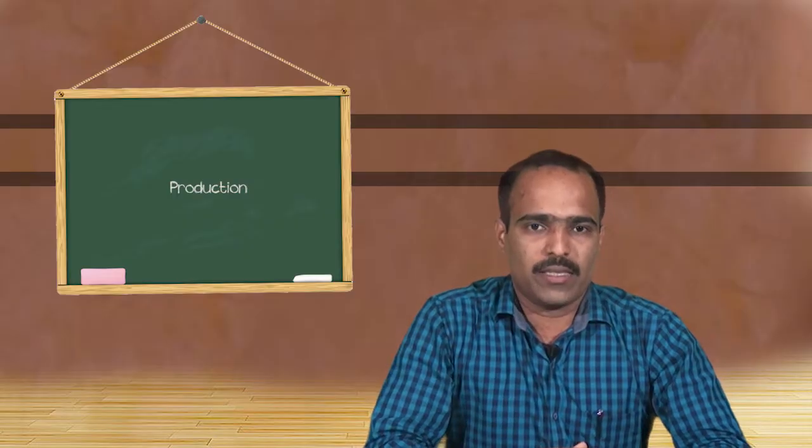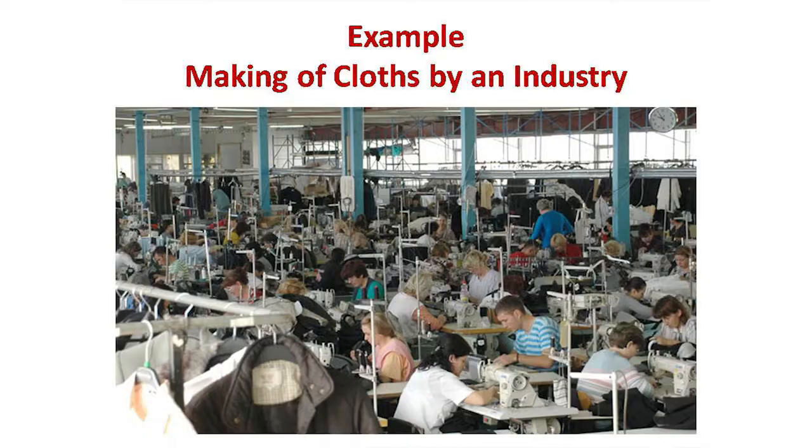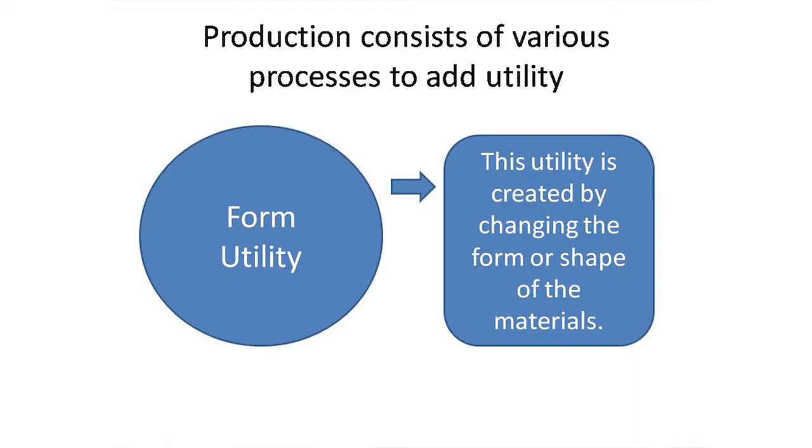If you look at the slide, you will come to know how the commodities are produced in an industry. In this slide, making of clothes by an industry is shown. Production consists of various processes to add utility. One important type of utility is form utility, which is nothing but changing the form or shape of the materials, and through that the utility is created.